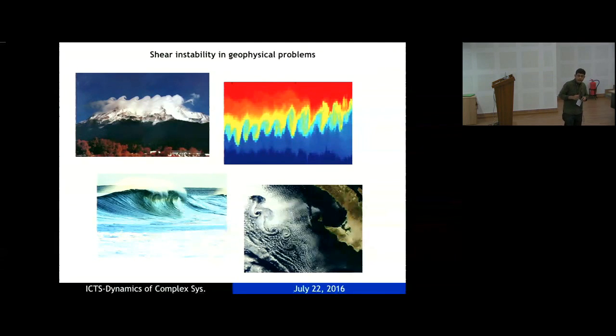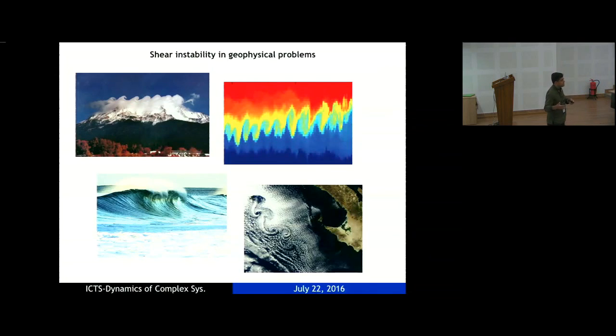Again, ocean wave breaking can also be related to a shear instability, though probably more complicated. And this is a vortex street, a von Karman street, behind an island off the coast of California, I think. And you see this nice kind of a vortex street. So these are all aspects of shear instabilities, but in a geophysical setting.